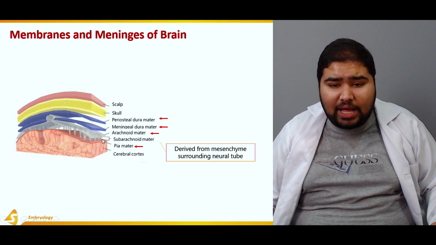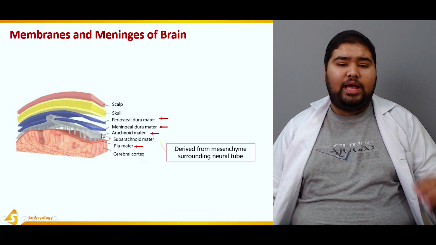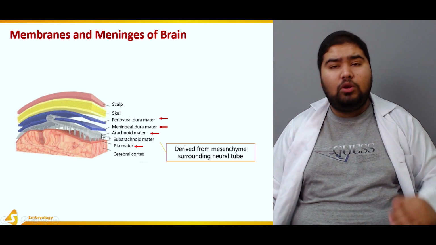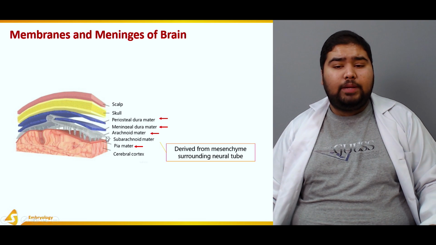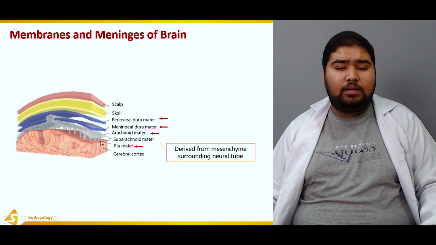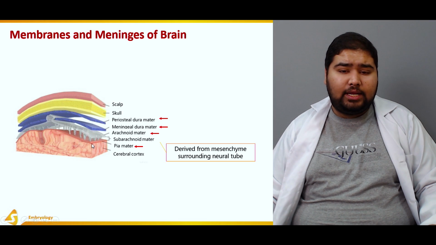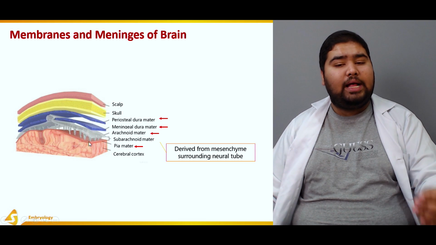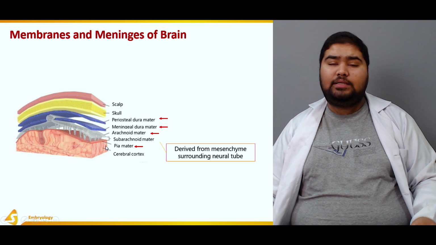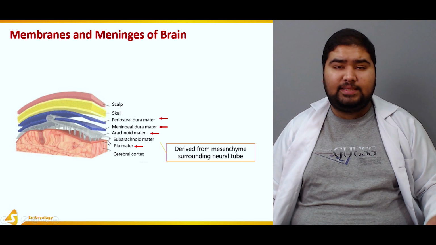Then we have the arachnoid mater. The arachnoid mater lies just below the dura mater. Below the arachnoid mater lies the pia mater. Here in dark pink is the pia mater. Between the arachnoid and the pia mater is the subarachnoid space.